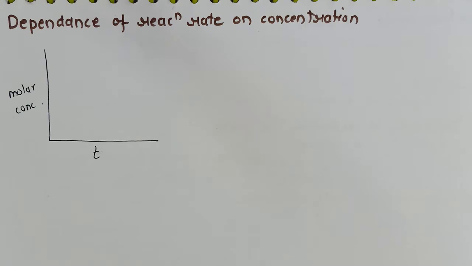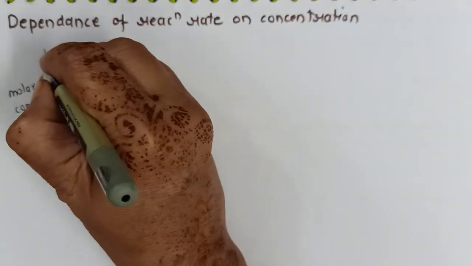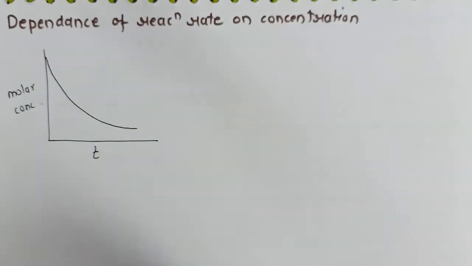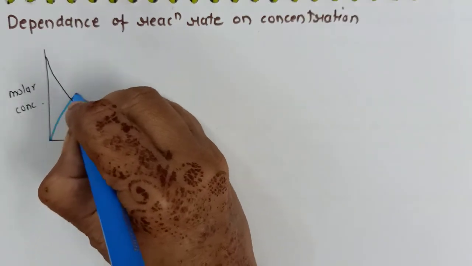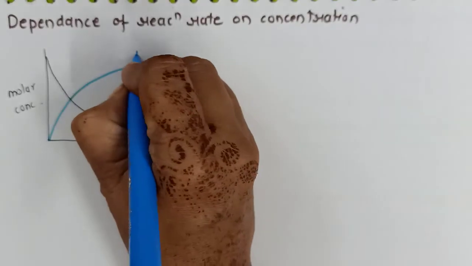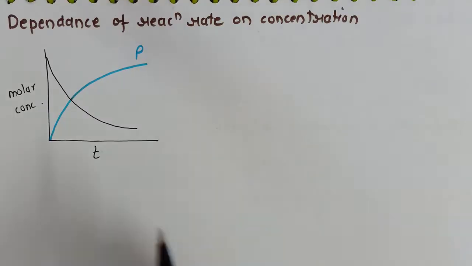The molar concentration of the reactant decreases, and the molar concentration of the product increases. This line indicates the molar concentration of product and this line indicates the molar concentration of the reactants.